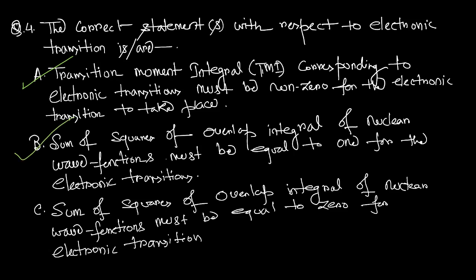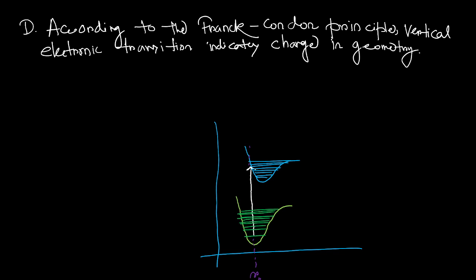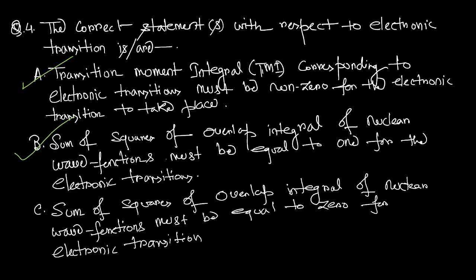Now the next option is that the sum of the square of the overlap integral of nuclear wave function must be equal to 0 for electronic transition. If it equals 0, then your TMI, which is separated into a nuclear part and an electronic part, will be multiplied by a zero nuclear part, so the whole TMI will be 0 and there will be no transition. Therefore this is also incorrect.